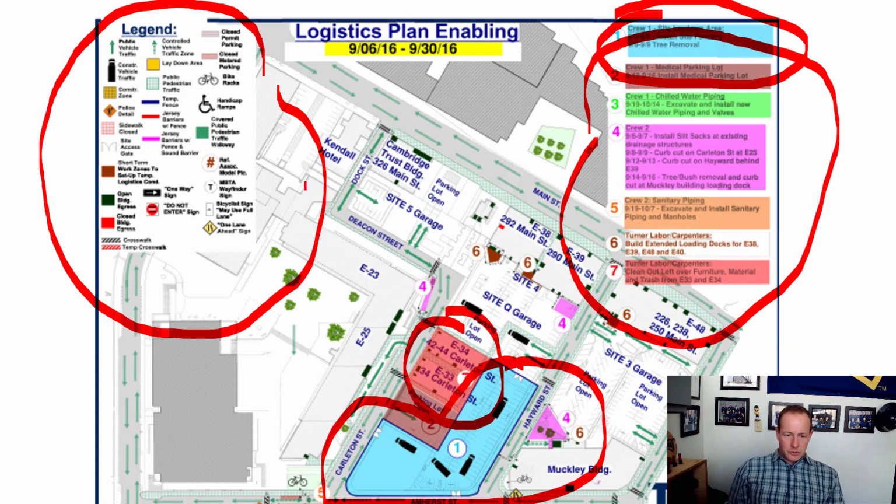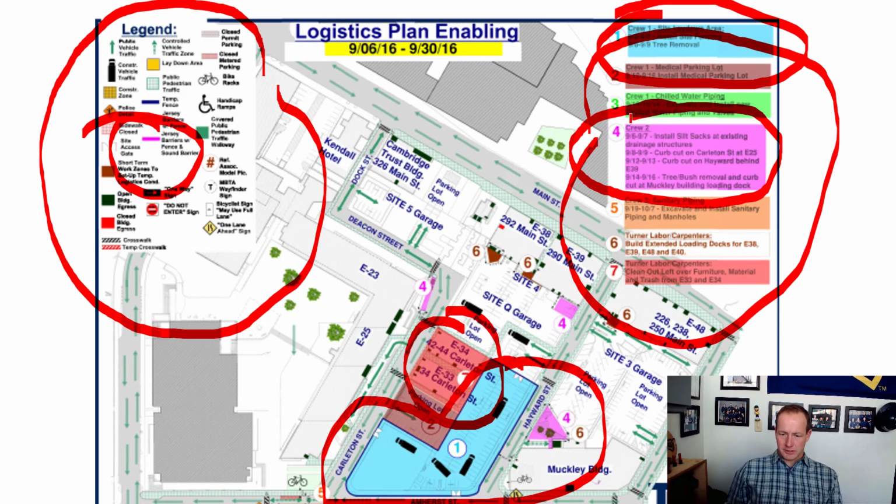Now, I can also go over here and look and find out what each of these little things mean in here. So I know that this purple color right here is jersey barriers, but then I also wonder, okay, does this purple coordinate with this purple, because they look like the same color? And so what is this right here?